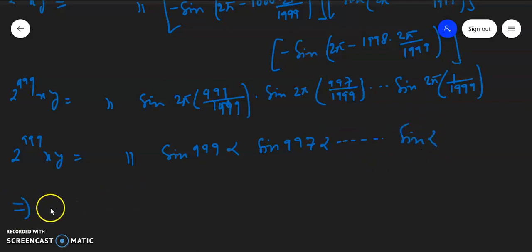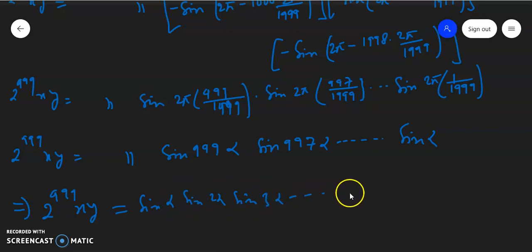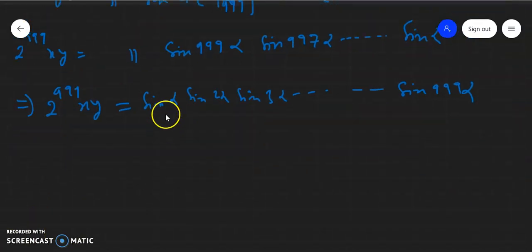It is coming together: sine alpha, sine 2 alpha, sine 3 alpha, up to sine 999 alpha. What was this? This was y. So we got the answer.